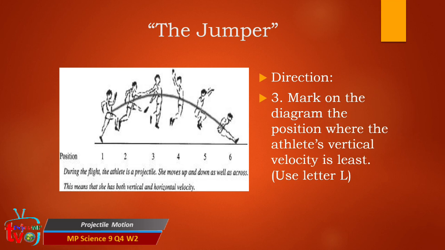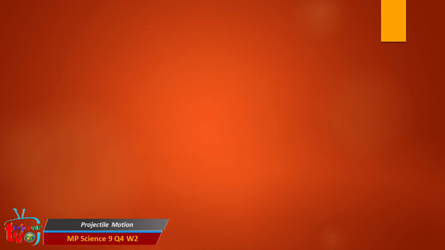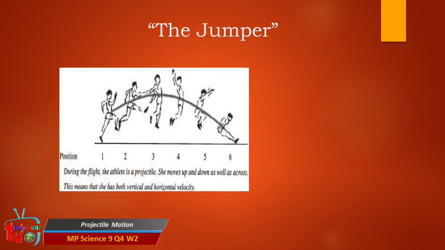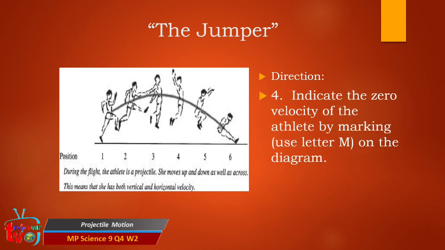Use letter L. Number 4. Indicate the zero velocity of the athlete by marking on the diagram. Use letter M.